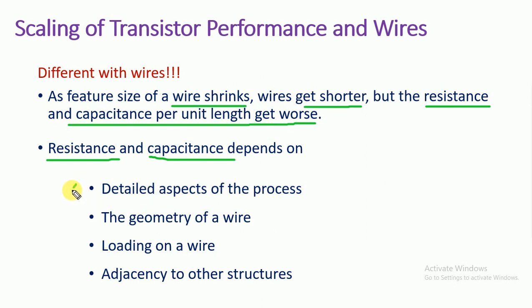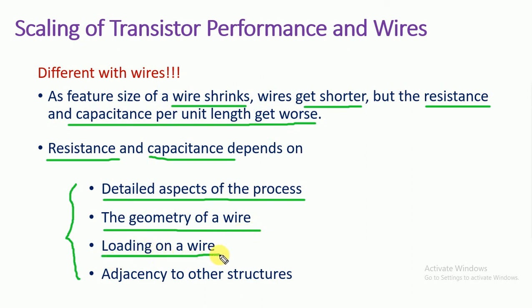They depend on four points. It depends on the detailed aspects of the process: what process we are working on, what the geometry of the wire is, what the width of that wire is, the structure of that wire, how much load there is on that particular wire, and also what adjacent element is present with that wire.